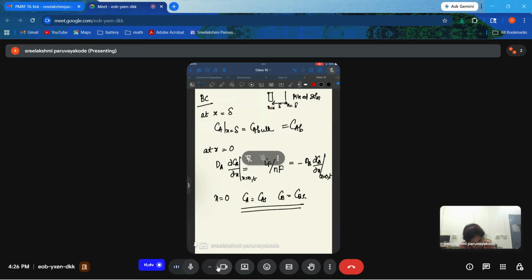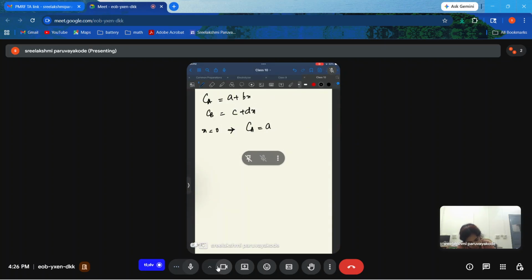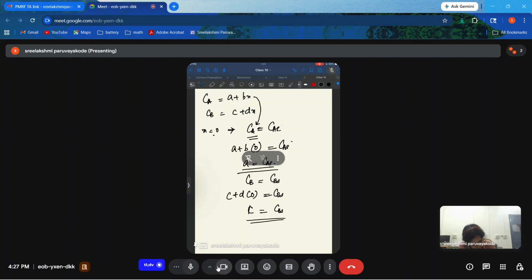CA equal to CAS and CB equal to CBS. So you have CA equal to CAS. Now what is CA? You get this from this expression, A plus B into 0, so A equal to CAS. Same way, CB becomes equal to CBS, so do the same thing. C plus D into 0 is CBS, and this means C equal to CBS.